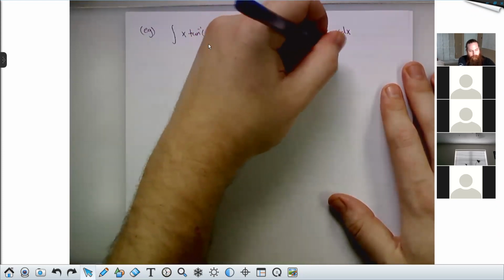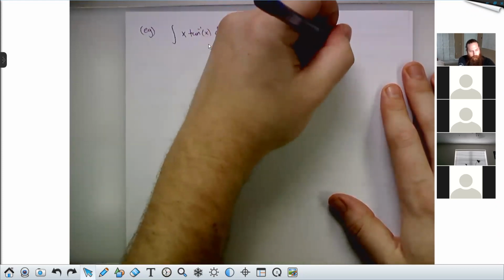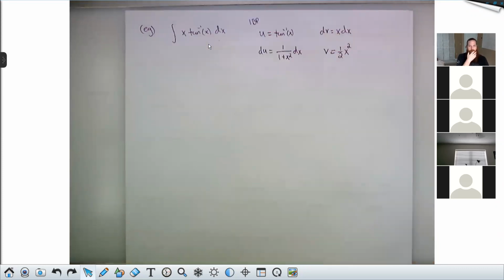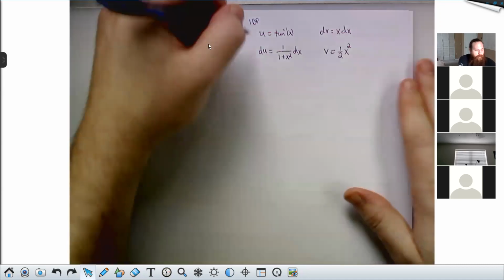And v, if I integrate on both sides here, I'll get 1/2 x squared. Interesting. So this is my IBP table.